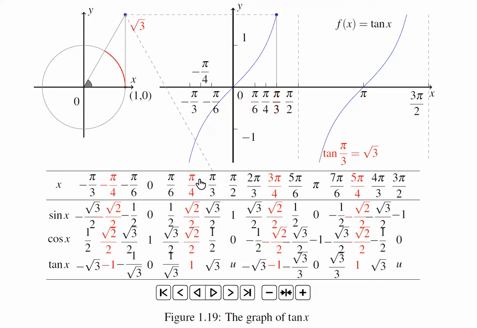If you plug in pi over 3, pi over 3 is 60 degrees, because pi is 180 divided by 3.